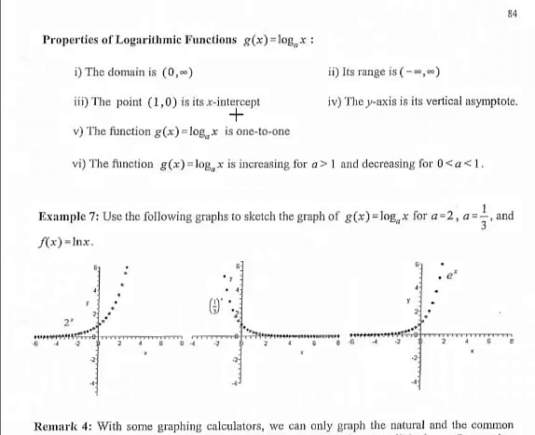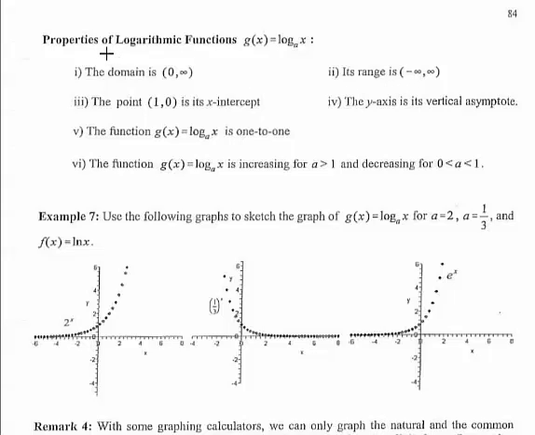Page 84, we have a list of some properties of logarithmic functions. Since the log function is the inverse of the exponential, you can see that we've sort of swapped the domain and range.